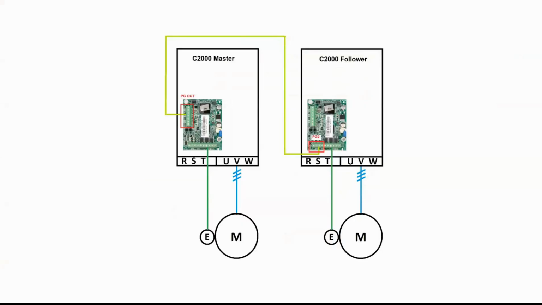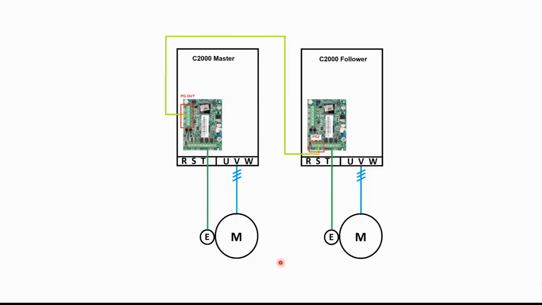Also, one important aspect which I've not mentioned with my previous configuration is that we are running, in this case, the follower drive in point-to-point. And I mentioned that you can also run it in speed control.